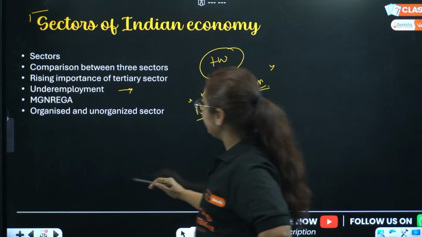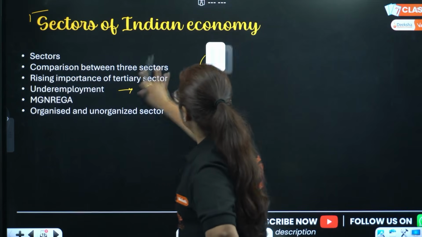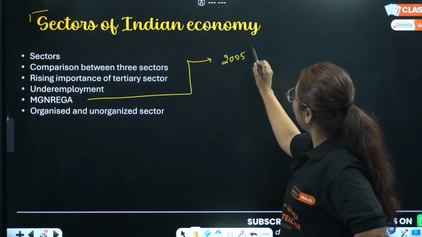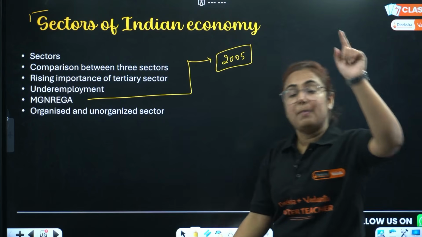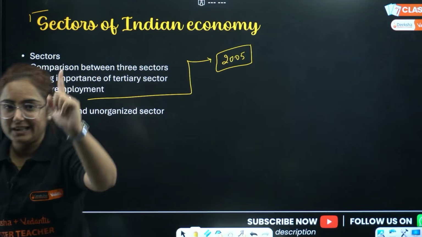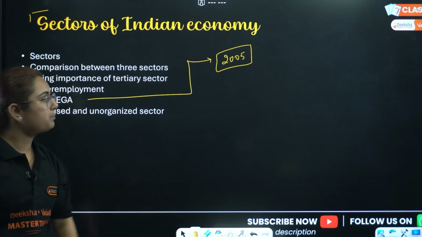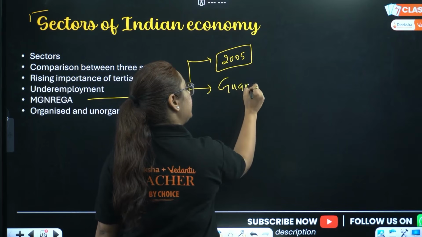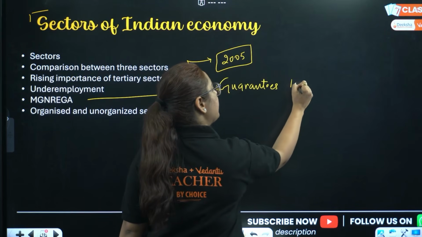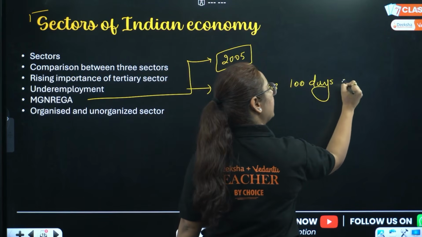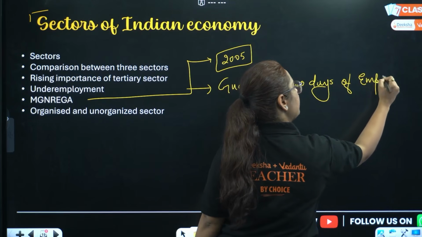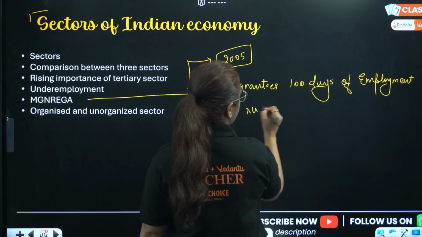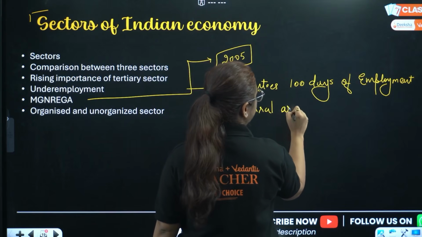Okay, very good, beta. So there was one scheme started by government in the year 2005 that is known as MGNREGA, Mahatma Gandhi National Rural Employment Guarantee Act, name changed. I'll tell you that. Okay, 2005. What does it guarantee? It guarantees 100 days of employment in rural areas.